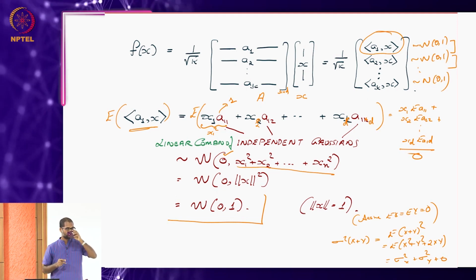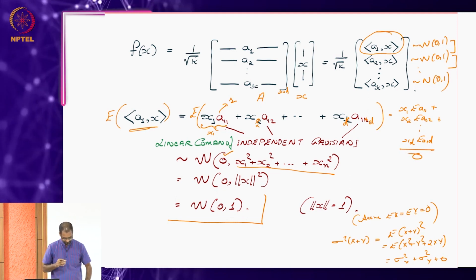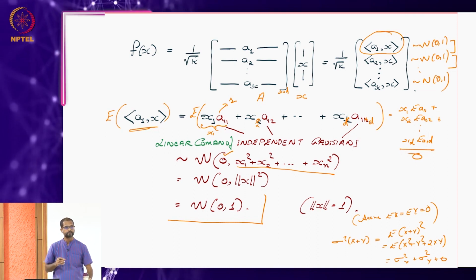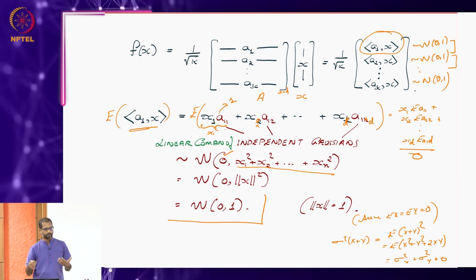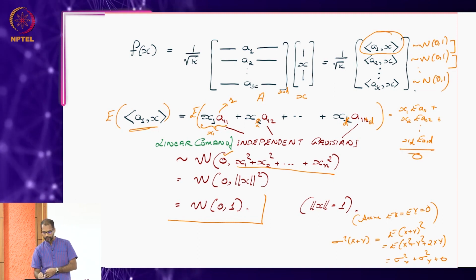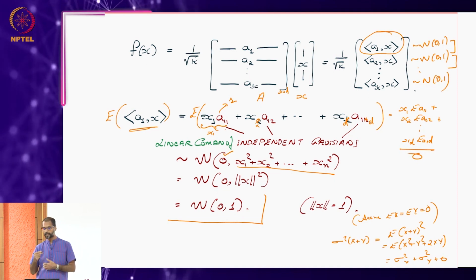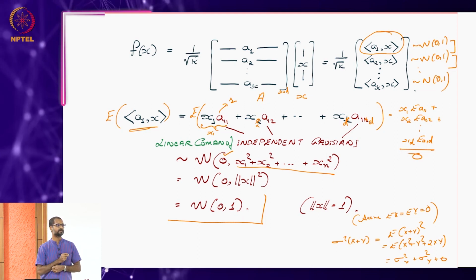Think about it. What are the random variables that come together and make the first entry? They are all the random variables in the first row of A, right. What are the random variables which mix together and make the second entry of the answer?